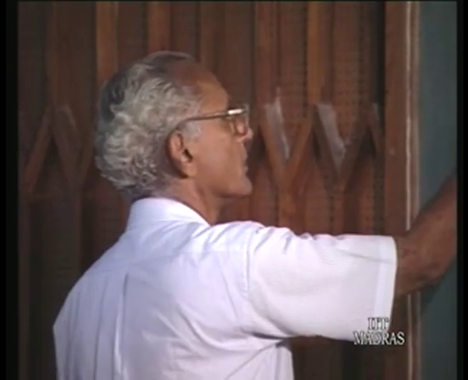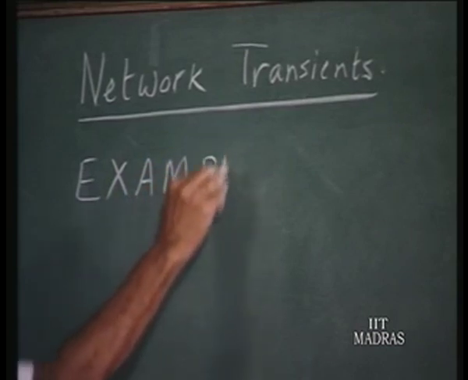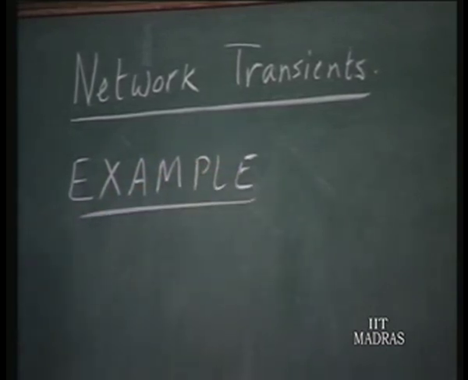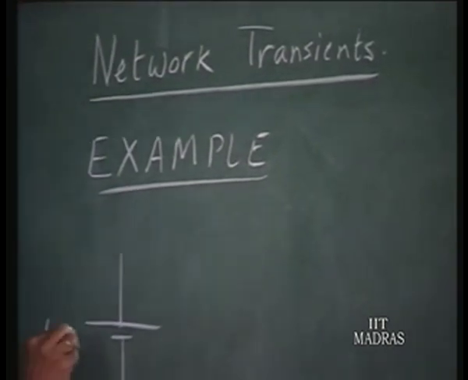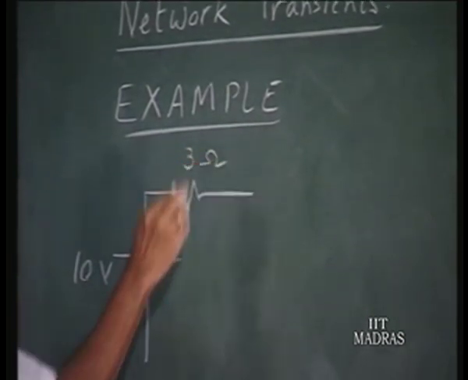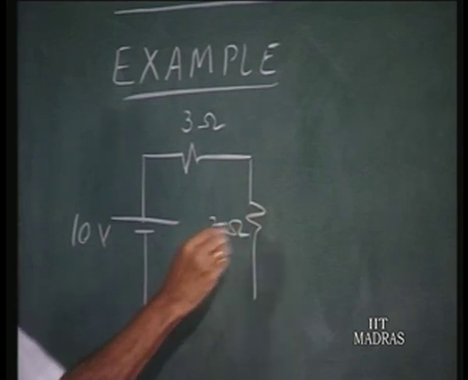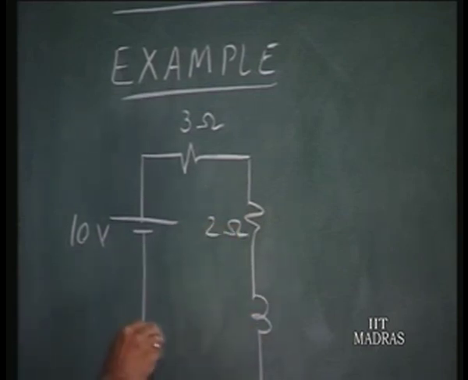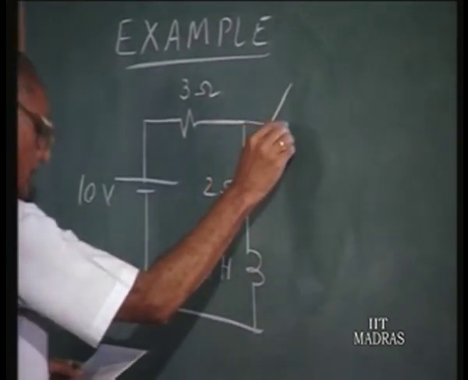Let us take an example. We have a 10 volt source operating in a circuit comprising a resistance 3 ohms, 2 ohms, 1 Henry with a switch.